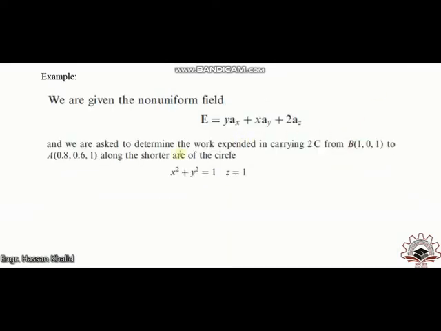Now let's try to solve an example where we have been given a non-uniform electric field, which is equal to y in the direction of x plus x in the direction of y plus 2az.